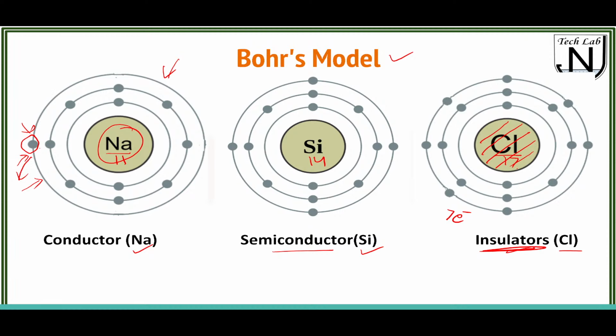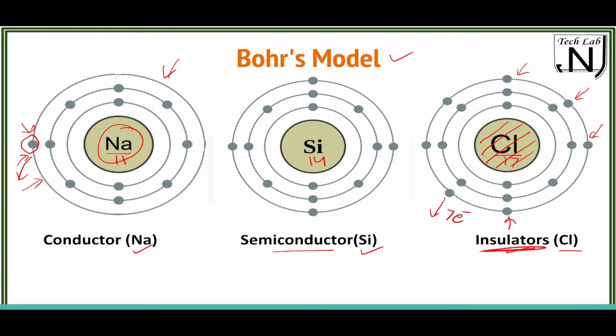So 17 positive charges are attracting all these electrons. Since 17 positive charges are there, it will be quite difficult for these 7 electrons to detach themselves. Means very high energy is required to detach this electron from the outermost shell.